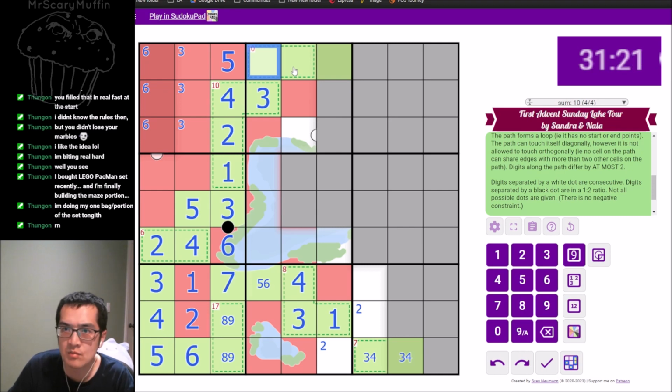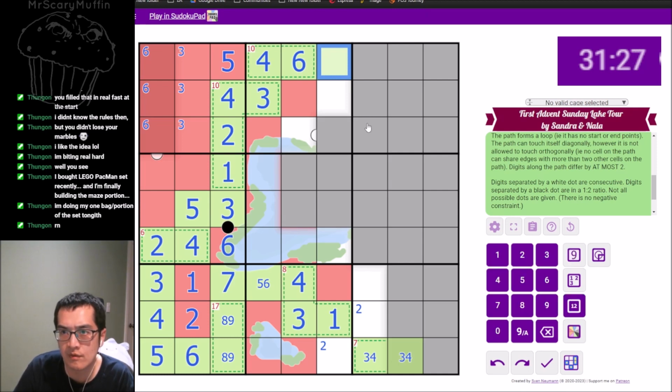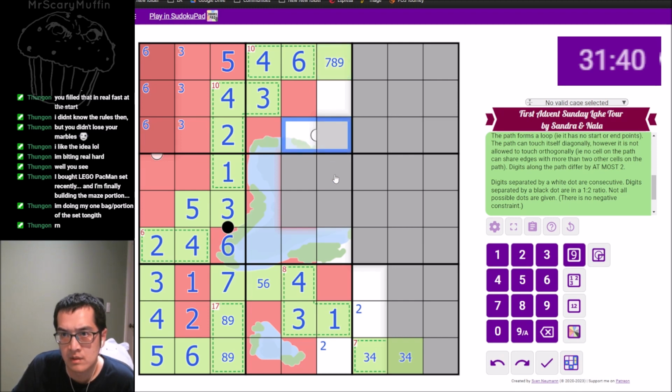Only 4, 6 works, so we'll put a 4, 6 in here. 6 can go out into 5, 7, 8, 9. There's a 5 already, so it goes up to 7, 8, 9. This could be a 7, 8, 9.